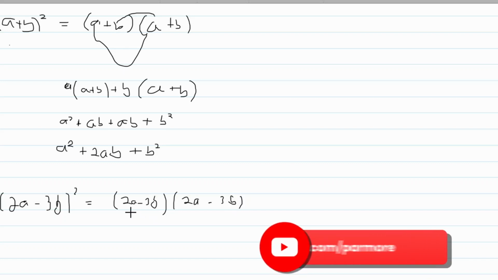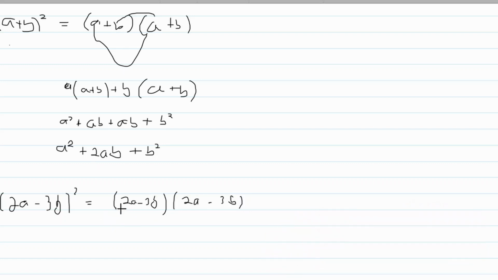Then we follow the same process. So 2a will come out, that is 2a in the first bracket. Now open a bracket and multiply it by all the terms in the second bracket: 2a minus 3b. Then the next term in the first bracket is negative 3b, then 2a minus 3b.